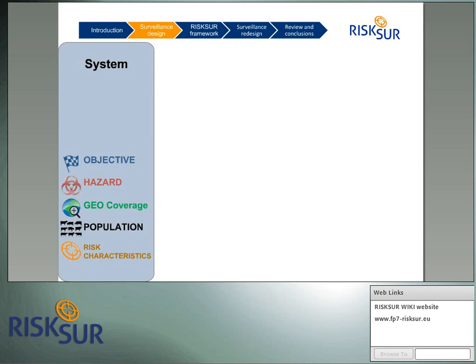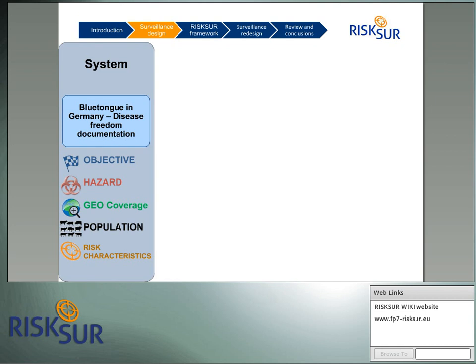The starting point is the task of designing a surveillance system. A surveillance system is defined in the framework as all activities with a defined objective, against a particular hazard, in a specific area, targeting a defined population, and based on an understanding of risk distribution.